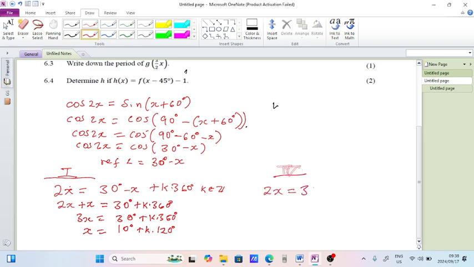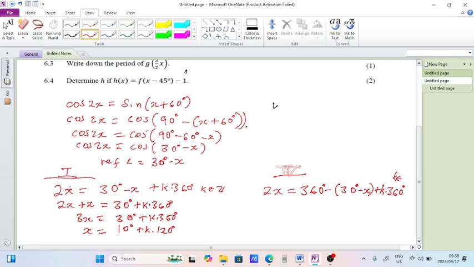Then we have to say 360 degrees minus, what is our reference angle? 30 degrees minus x, plus k dot 360 degrees, where k is an element of integers.